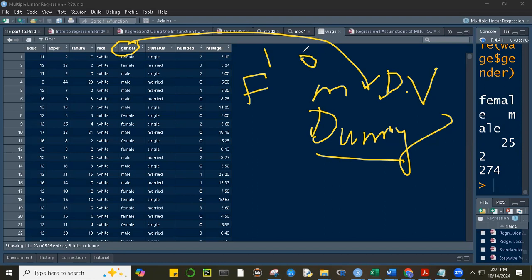Para magiging binary yan. So how is this converted? How many will be the number of dummy variables? The number of dummy variables will be dependent on the number of levels minus 1.